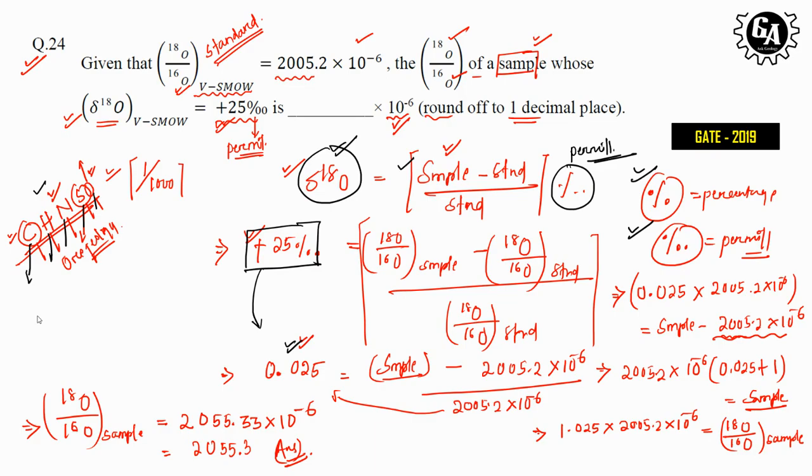Nowadays both non-traditional radioactive and stable isotope studies are going on, and they are proving very characteristic for determining ancient conditions, maybe paleoclimate, or any objective we are concerned about. So 2055.3 is our answer.